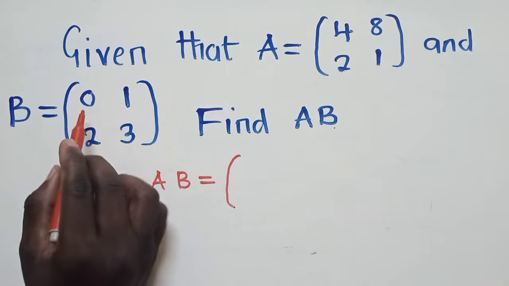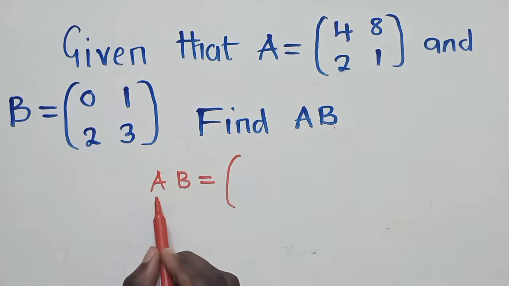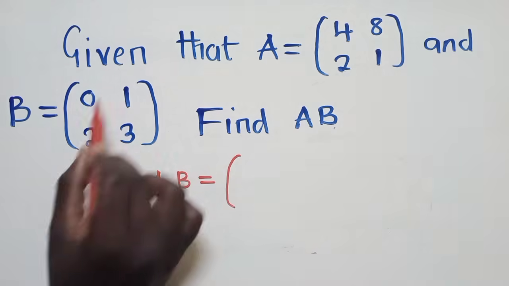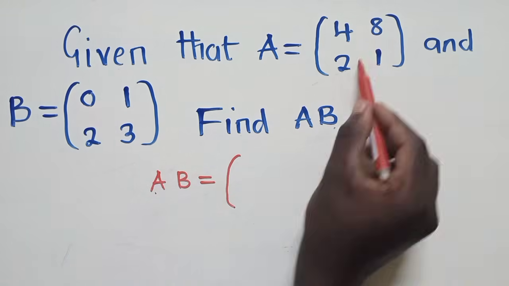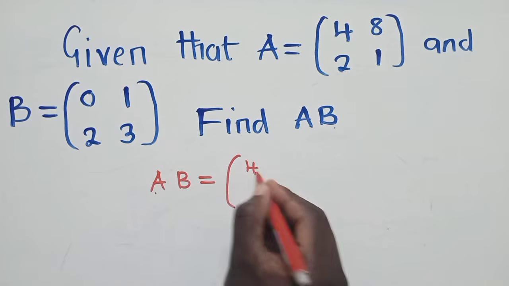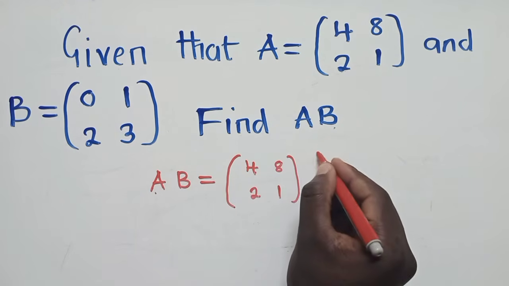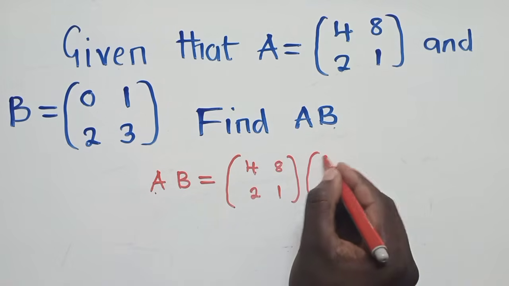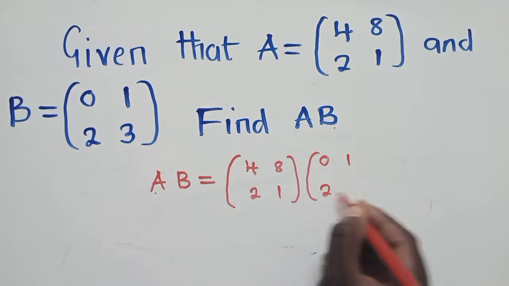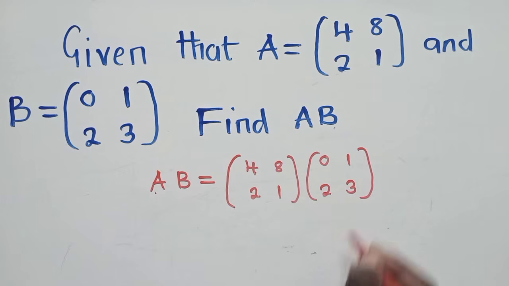Always start with the matrix that is starting here. You can't start by writing these entries. We're starting with A, that's 4, 8, 2, 1, and then multiplied by B, which is 0, 1, 2, and 3.